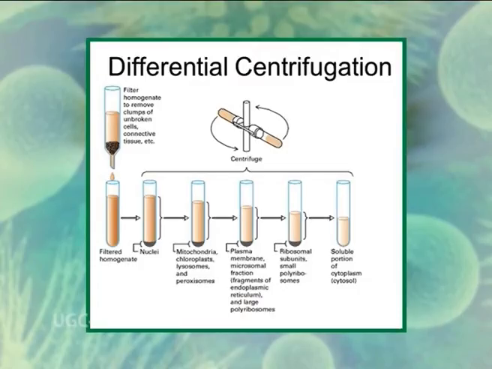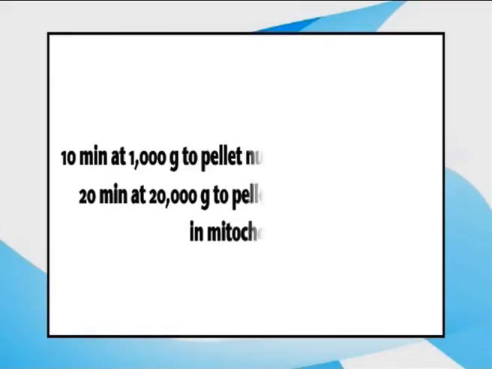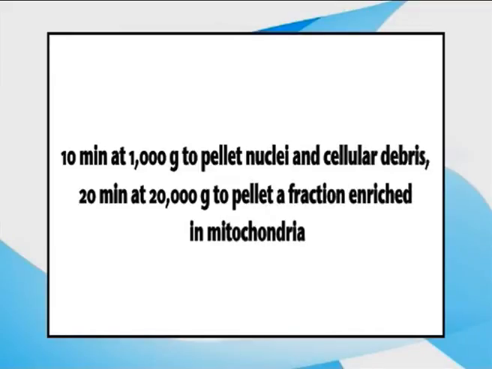Differential centrifugation techniques are conveniently employed to isolate intact organelles, for example, mitochondria from liver cells. The repeated centrifugation at progressively higher speeds and longer centrifugation periods divides the liver homogenate into distinct fractions. Typical values for centrifugation steps are 10 minutes at 1000 G to pellet nuclei and cellular debris, 20 minutes at 20,000 G to pellet a fraction enriched in mitochondria, and 1 hour at 1 lakh G to separate the microsomal and cytosolic fractions.